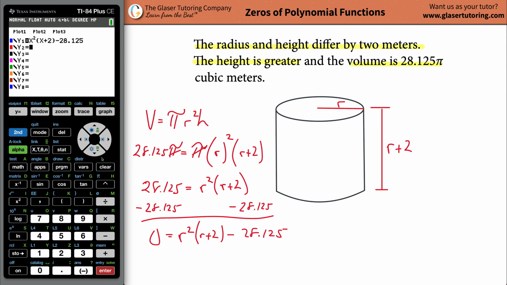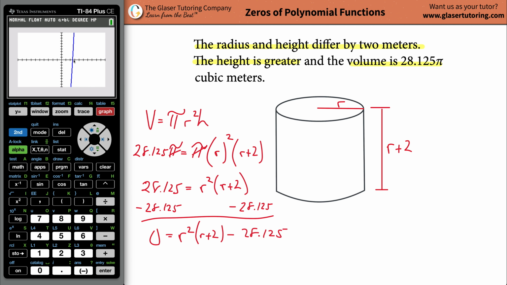I meant to hit graph, sorry. Hit graph. Anytime you set an equation equal to 0, the value of x where the function crosses the x-axis is a solution. In other words, we can almost see that this is roughly about 2.5.